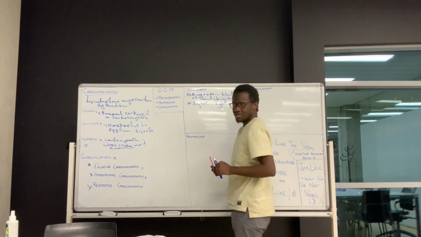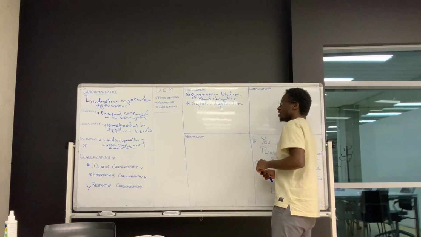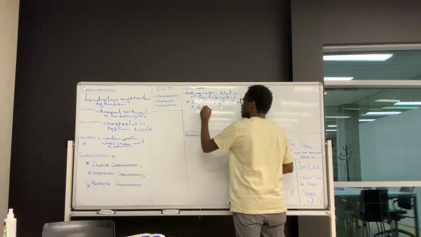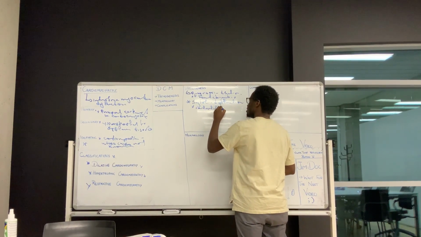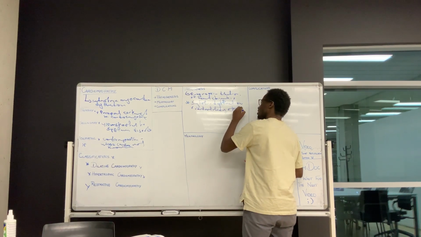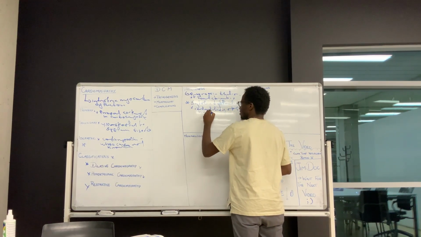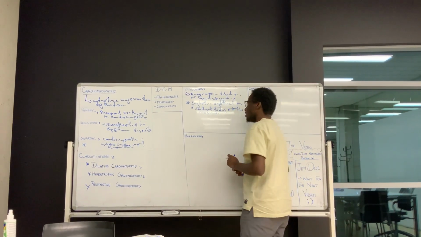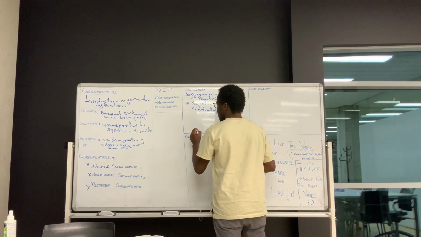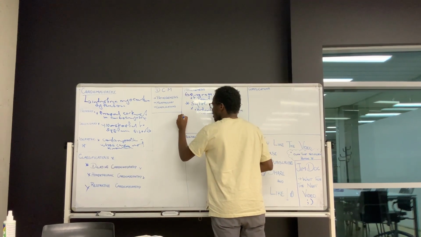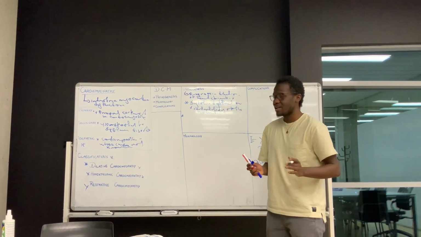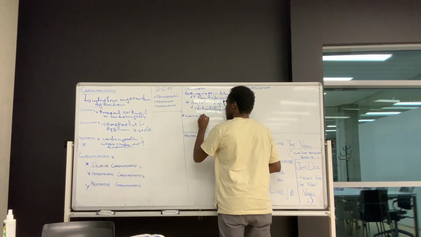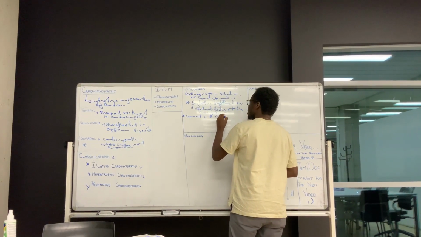Now, what does it lead to? It means we have a problem with the contractility of the heart. Are we together? So how does it happen? What are the causes? The causes can be broadly classified into genetic causes and non-genetic causes.